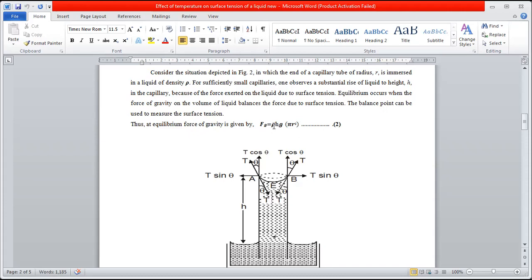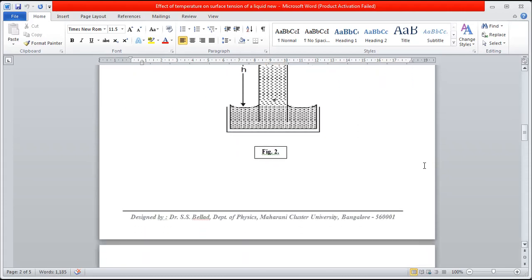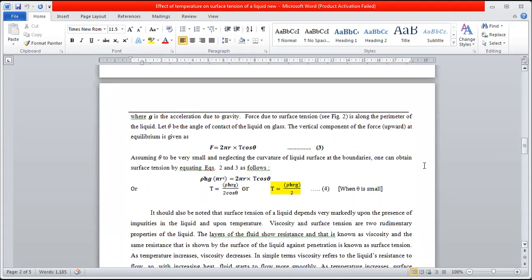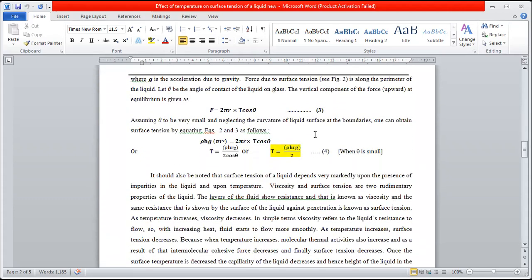Here rho is the density of the liquid, h is the height, g is the acceleration due to gravity, and pi r square is the cross-sectional area of the capillary tube, where small r is the radius of the capillary tube. This is the upward vertical component of the surface tension acting in the upward direction: F is equal to 2 pi r into T cos theta.